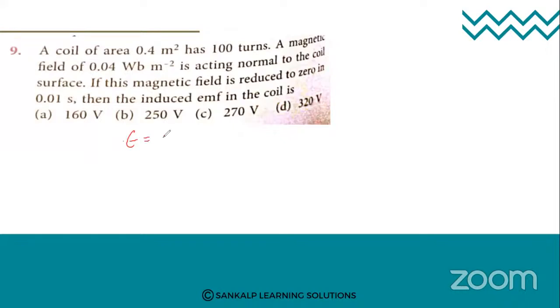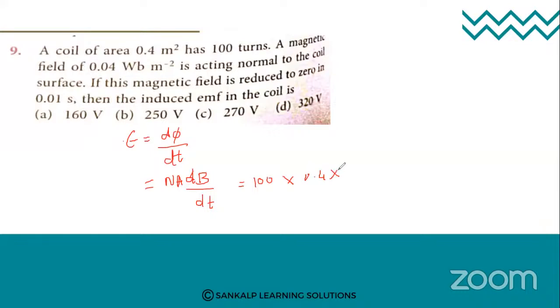According to Faraday's law, the EMF is d phi divided by dt, which is equal to NA dB divided by dt. Number of turns is given as 100 into area given as 0.4 into dB by dt.